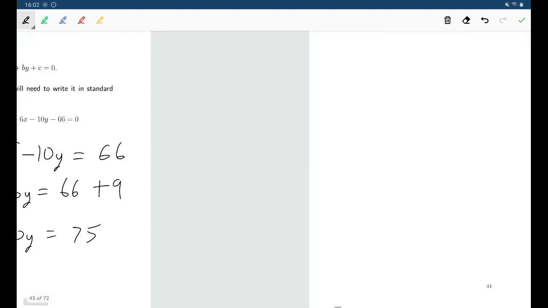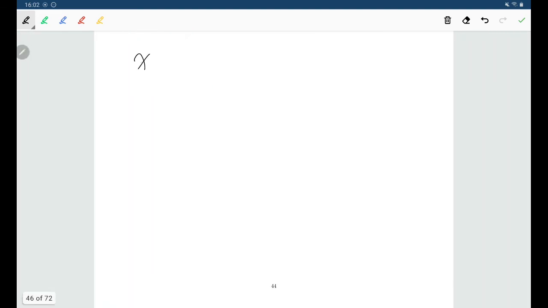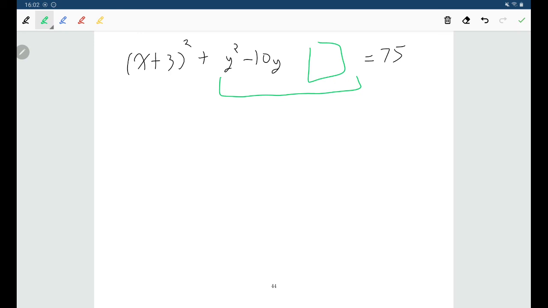I'm going to complete the square for the y. So again, looking for the value that I need to add on to make what I have with the y's a nice perfect square. And to do that, I ask myself, for the coefficient for the y, that minus 10y, if I cut that minus 10 in half, that's negative 5.